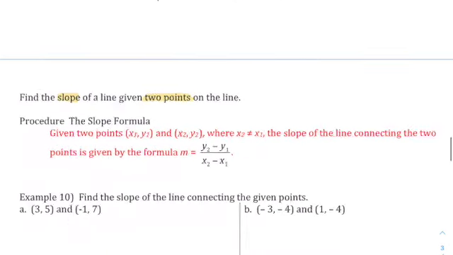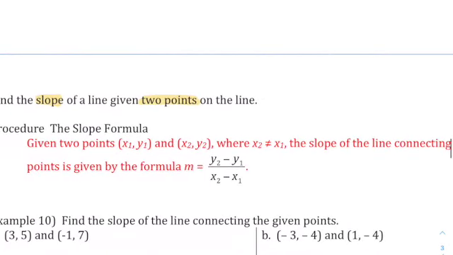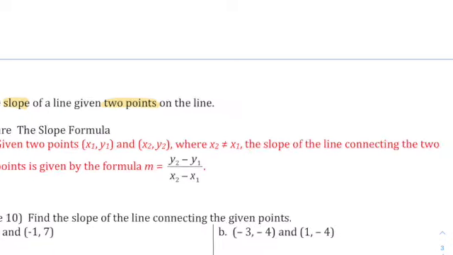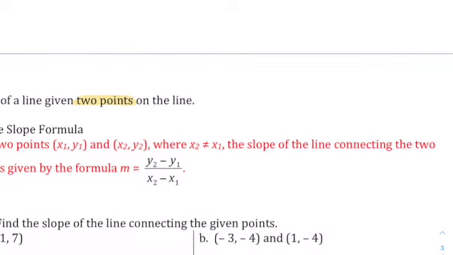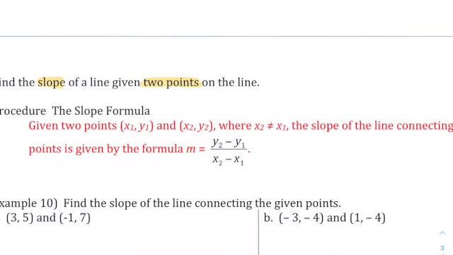So here is the slope formula procedure. Given 2 points, x sub 1, y sub 1, and x sub 2, y sub 2, where x2 and x1 do not equal each other, the slope of the line connecting the 2 points is given by the formula m equals y2 minus y1 over x2 minus x1.